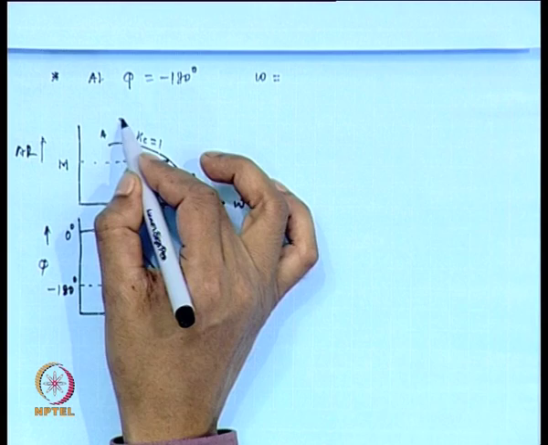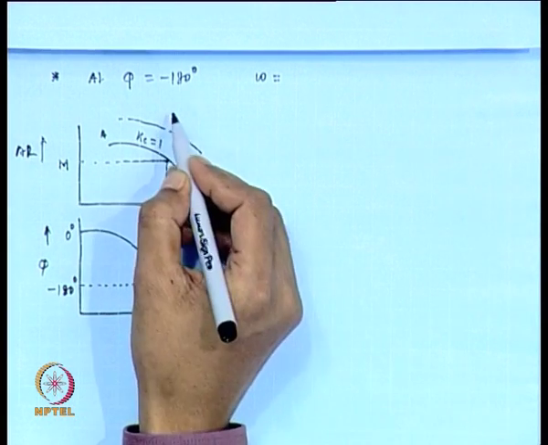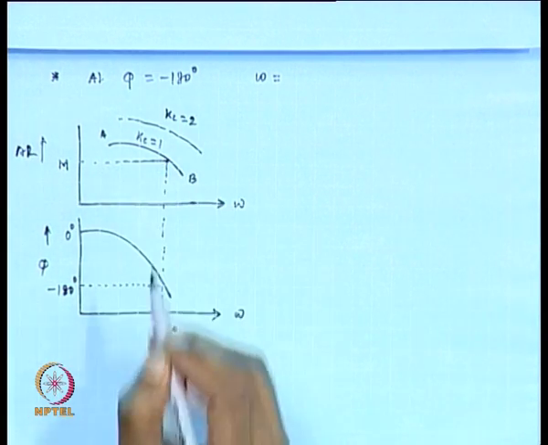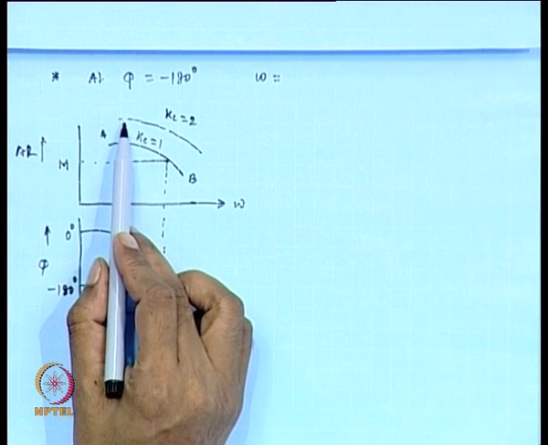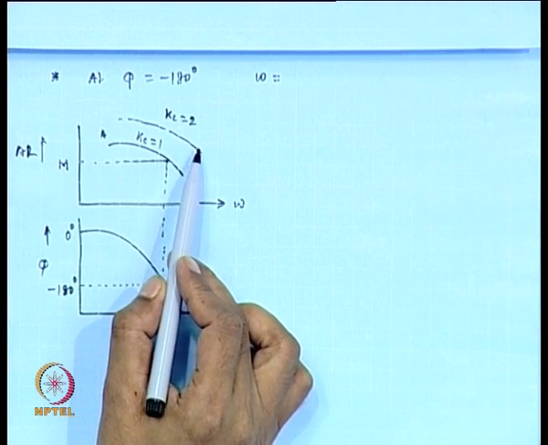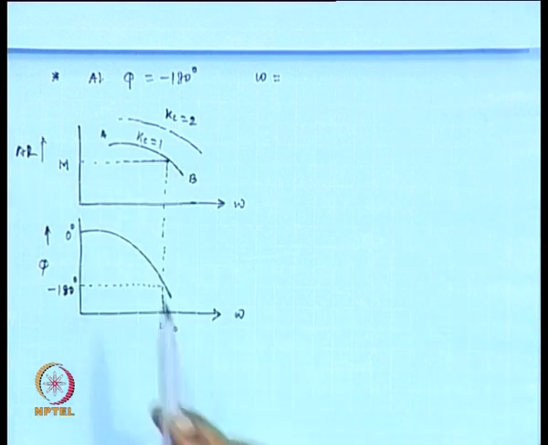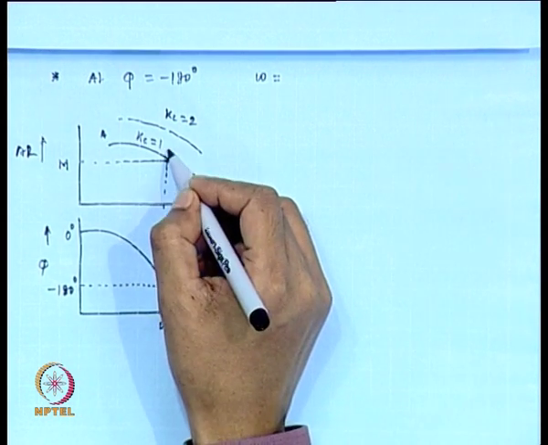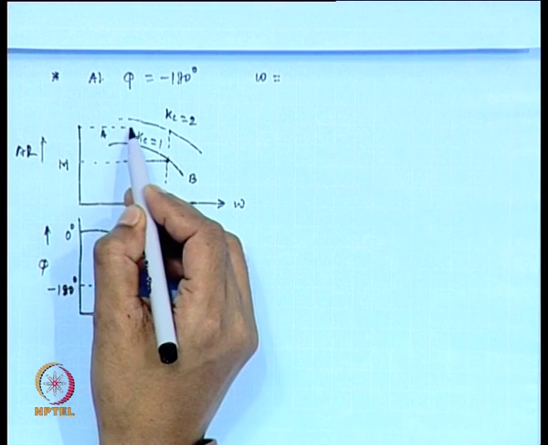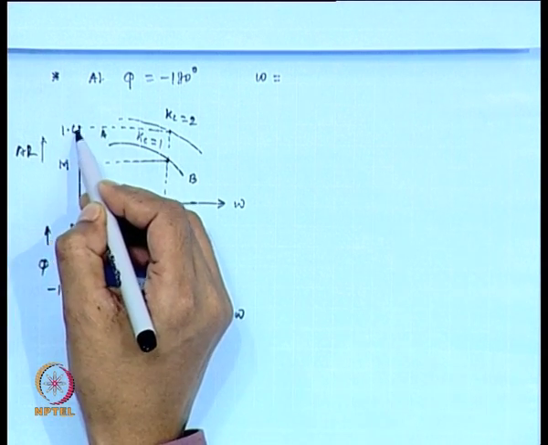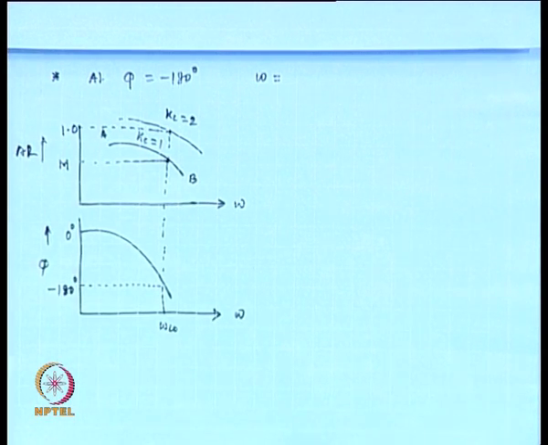Agree? And critical value of Kc is 2. Suppose this is the amplitude ratio versus omega plot when Kc equal to 2. So, at crossover frequency, how much is this amplitude ratio? 1. Fine.